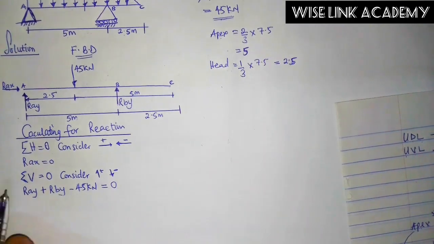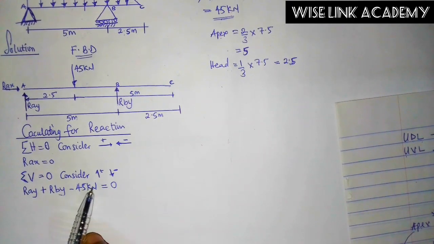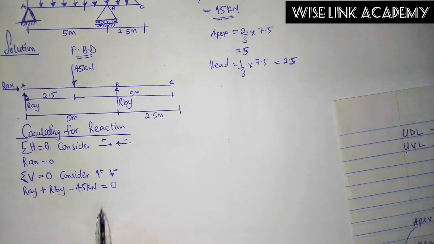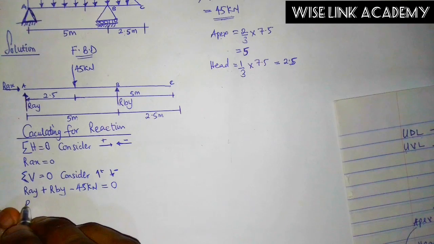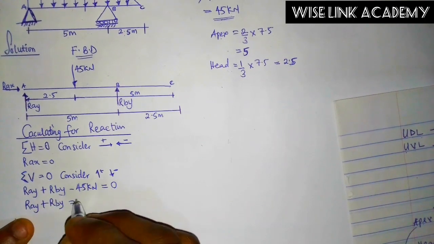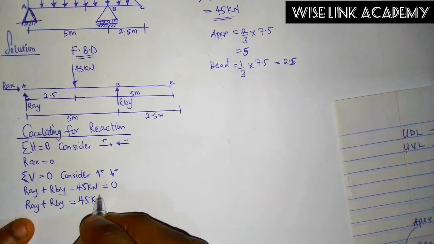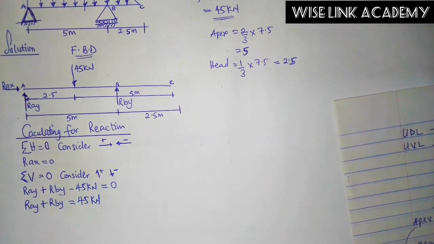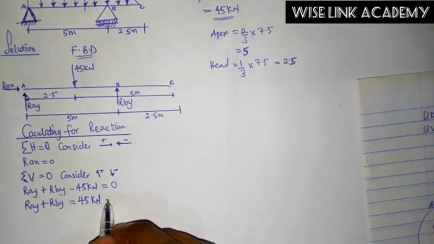That is, summation of V is equal to 0. If I proceed mathematically, this gives me RAY plus RBY is equal to 45 kilonewton, isn't it? Now I'll call this my equation 1.